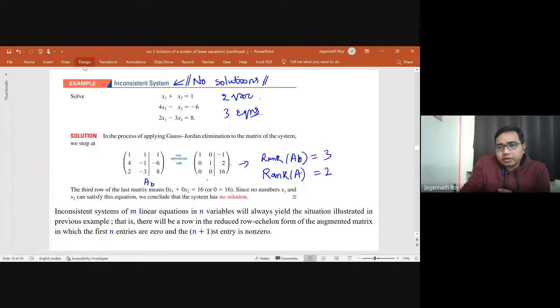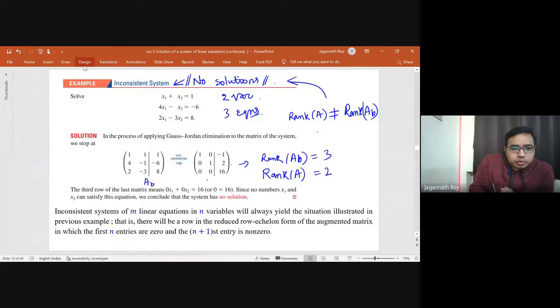So when they are not equal, rank of A not equal to rank of AB, then we call it an inconsistent system. That means we do not have a solution. This is a very important remark.